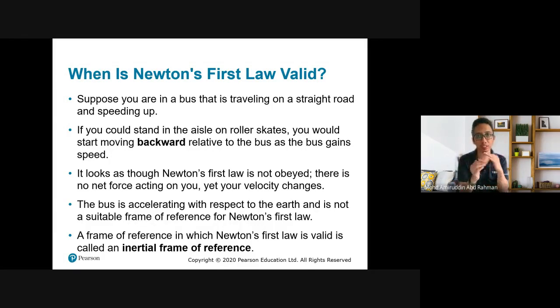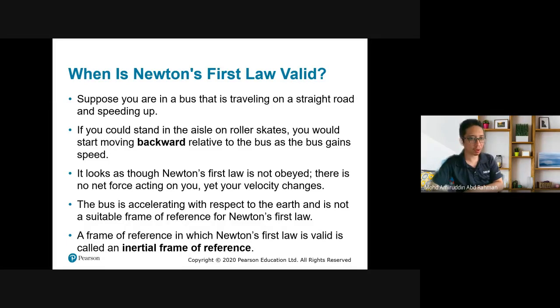When the bus is speeding up there will be a jerk, but your jerking will be in the opposite direction, the minus x direction. So it looks as though Newton's first law is not obeyed.